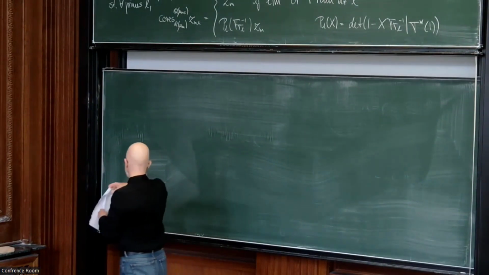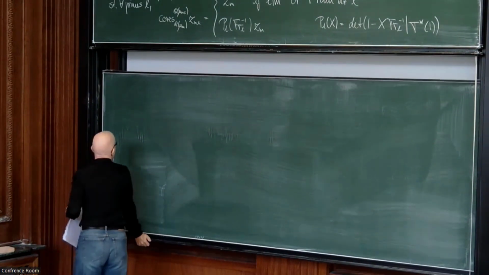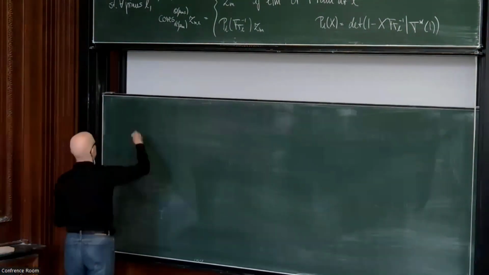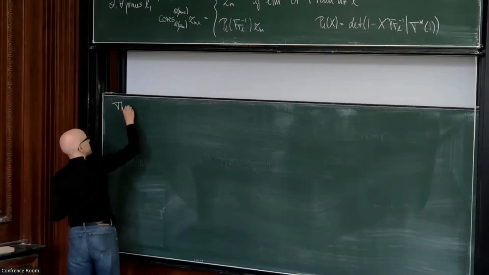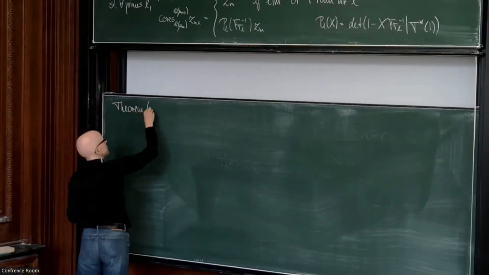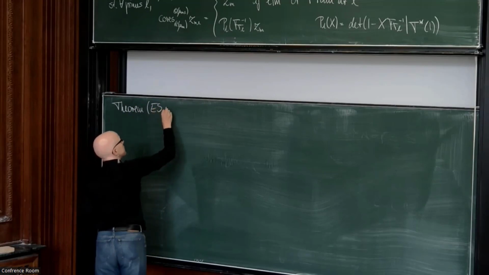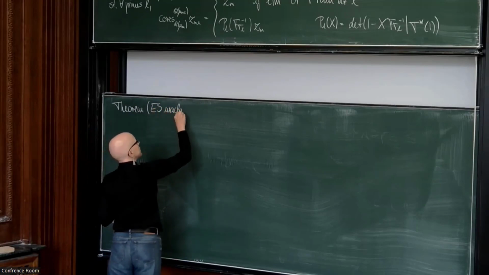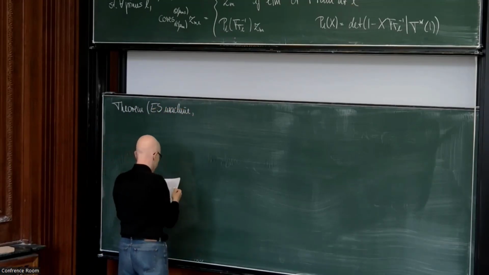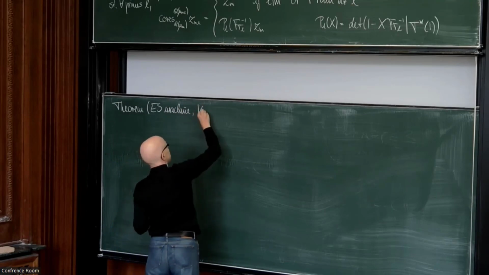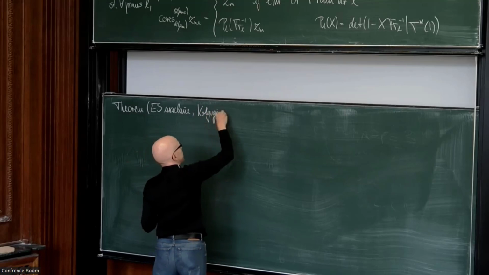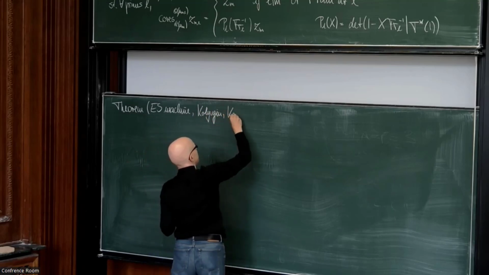Okay. Now, that's an Euler system. What is it good for? Well, we have the following theorem, which is called the Euler system machine, which is due to Kolyvagin, and was then extended by Kato and Rubin.